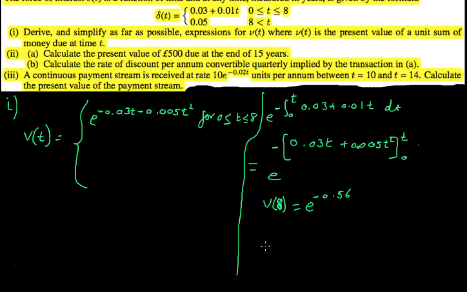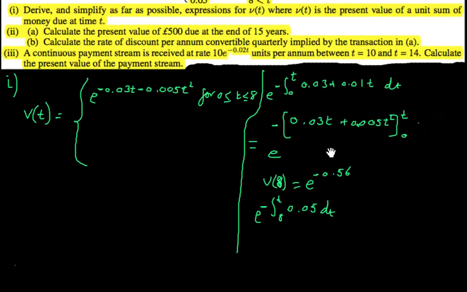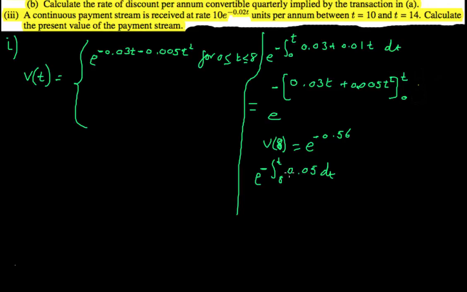Now we can find e to the negative integral between 8 and t of our new delta t, which is 0.05 dt. The integral of that is just 0.05 t, so e to the negative 0.05 t between t and 8.